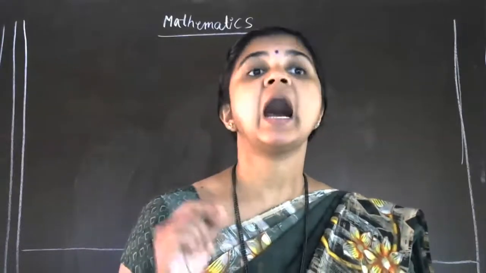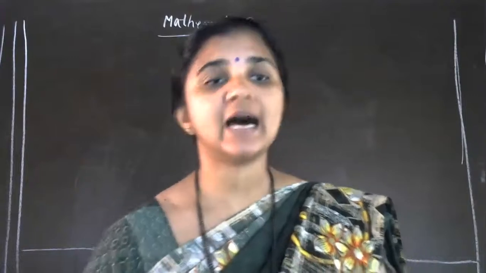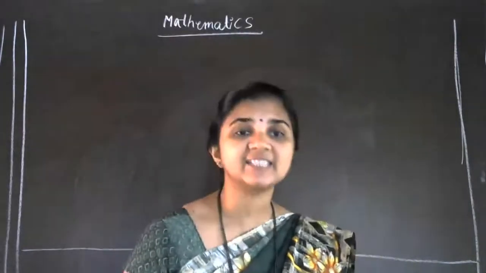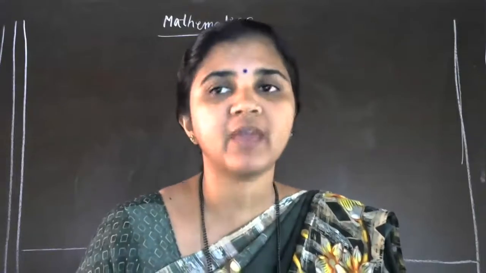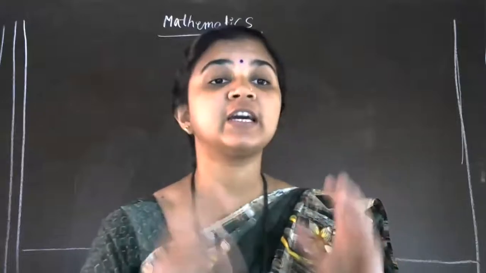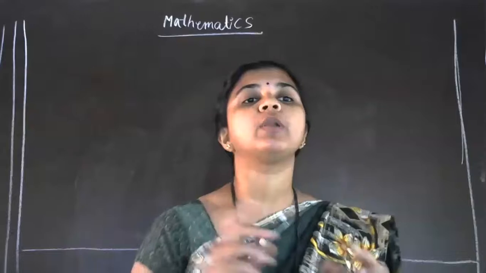Yes, very good. Two polygons of the same number of sides are similar only when the corresponding angles are equal and the corresponding sides are in proportion. Then we can consider these two polygons as similar polygons.